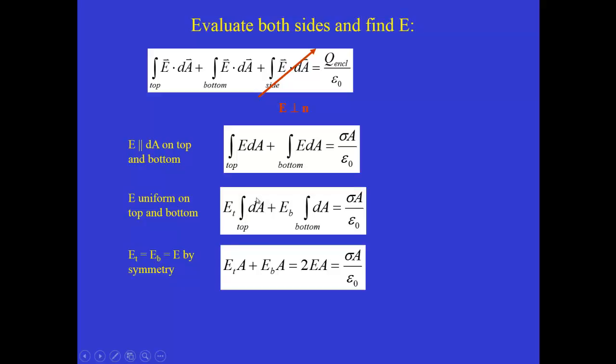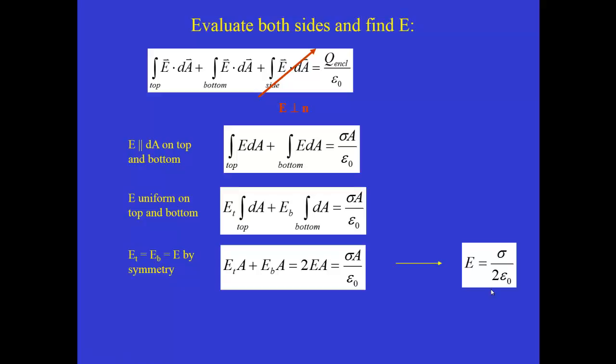Well, that's nothing more than the surface area of the top surface, and so that's simply A. So we have E top A plus E bottom A. Since the E top and the E bottom are the same, this becomes 2EA equals sigma A over epsilon 0. And that gives us, when we solve for E, the value sigma over 2 epsilon 0.